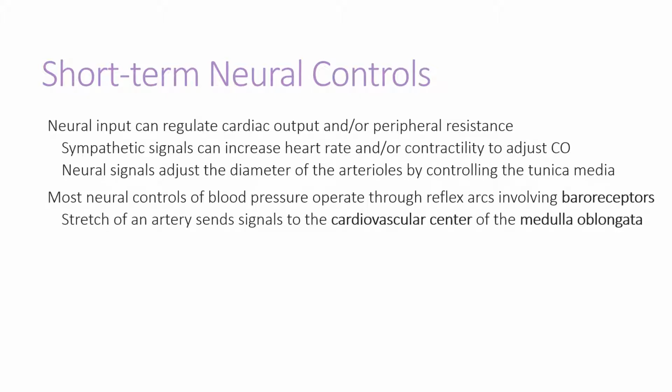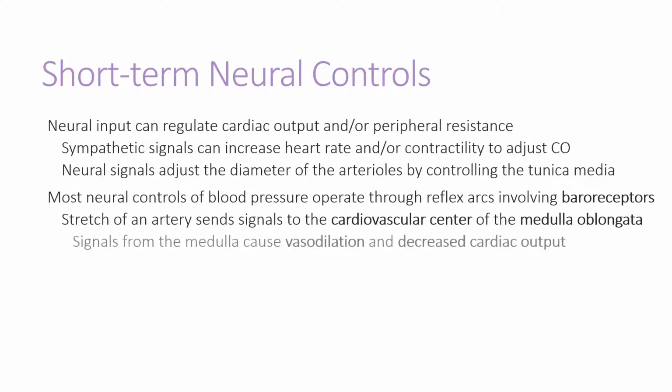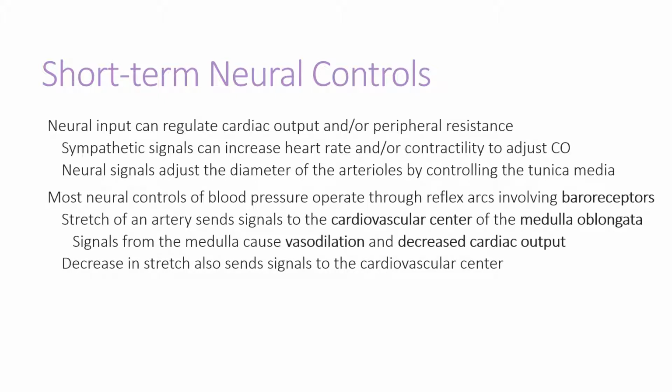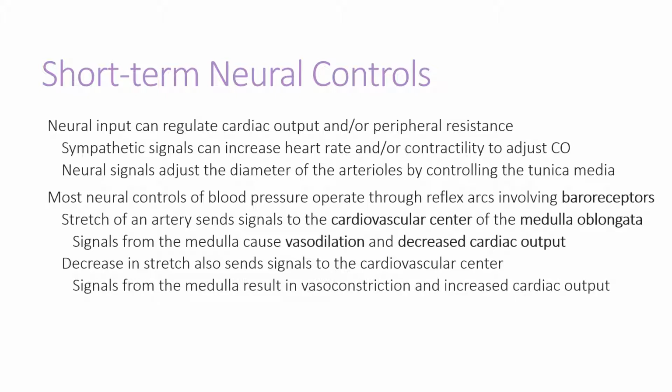Stretch of an artery sends signals to the cardiovascular center of the medulla oblongata. Signals coming from the medulla can cause vasodilation and decreased cardiac output. That would cause a decrease in pressure in the system. A decrease in stretch to a blood vessel also sends signals to the cardiovascular center of the medulla oblongata.